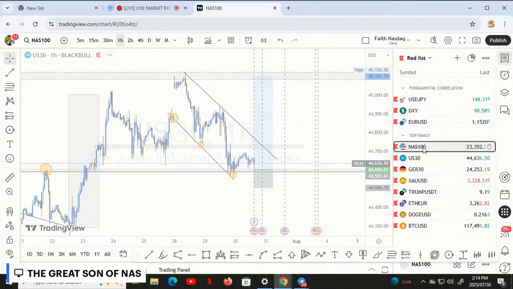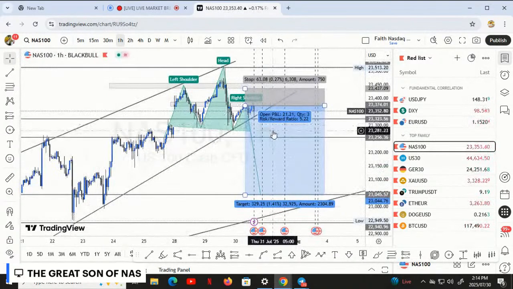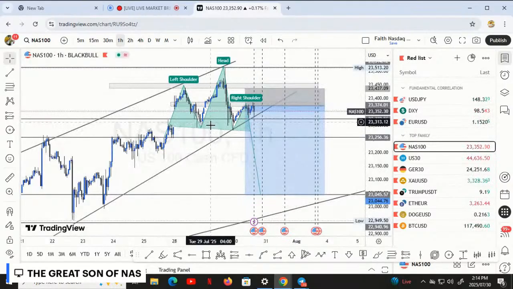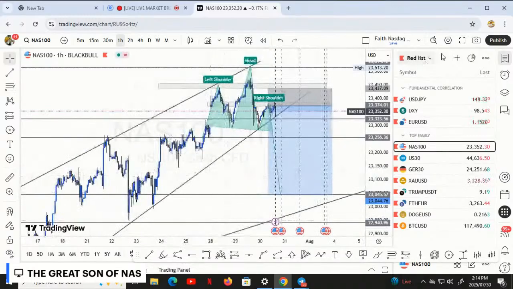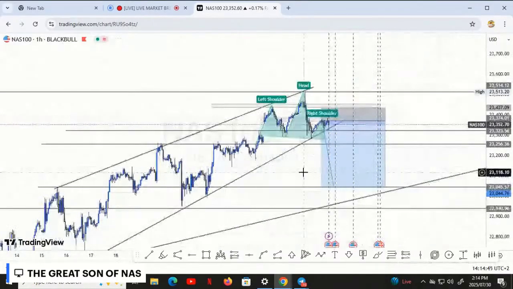Let's jump to NASDAQ. What is the NASDAQ doing for us now? I feel like I did analyze it, but I'm going to do it again so everyone can see that this is a skill, something that you can't take away from me.